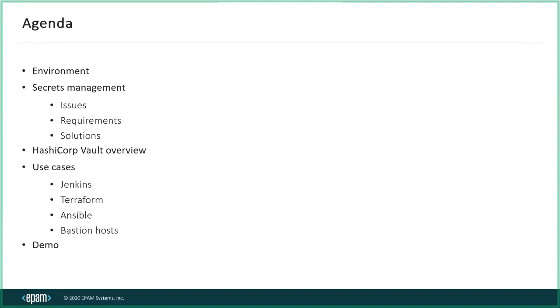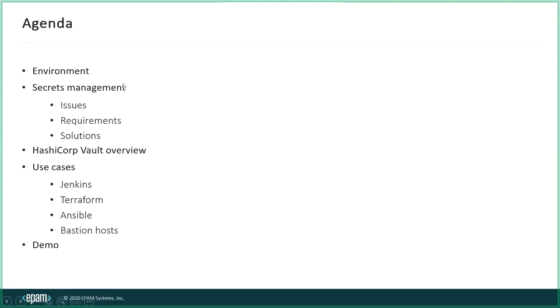Moving on, we'll briefly describe how HashiCorp Vault works, and we'll shed light on use cases and how we implemented it with Jenkins, with Terraform, and Ansible. And finally, we're going to show you our demonstration. If you have any questions, we're ready to answer them at the end of the session.